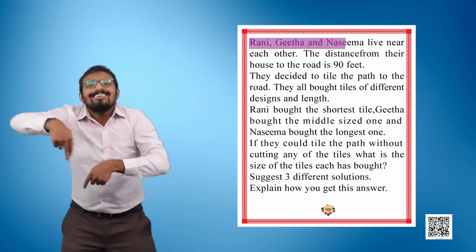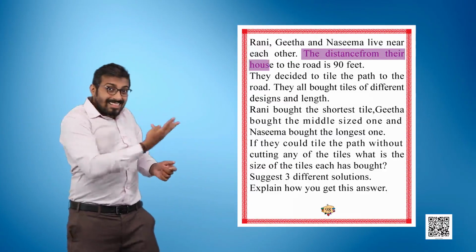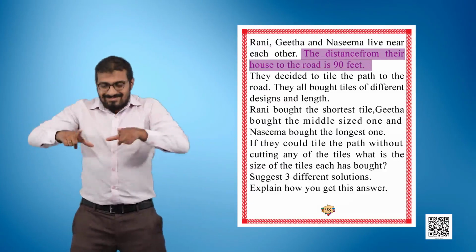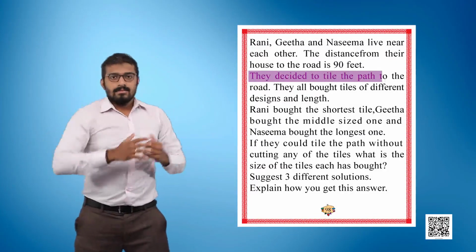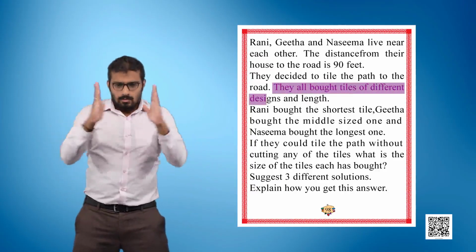Rani, Geetha, and Nasima live near each other. The distance from their houses to the road is 90 feet. They decided to tile the path to the road. They all bought tiles of different designs and length.